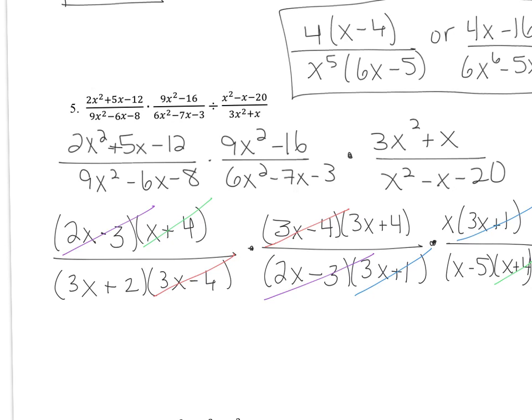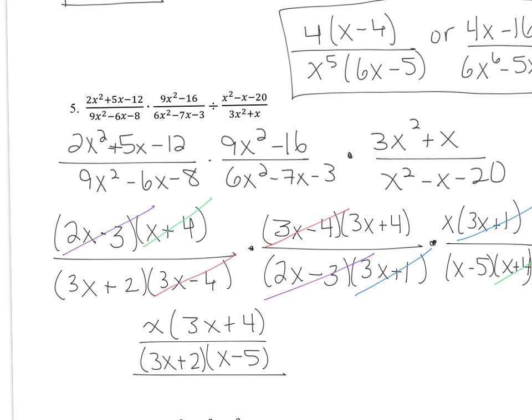And that could be it, leaving me with x times 3x plus 4 over 3x plus 2 times x minus 5. So x times the quantity 3x plus 4 all over the quantity 3x plus 2 times the quantity x minus 5. And I'm not going to bother multiplying that out.